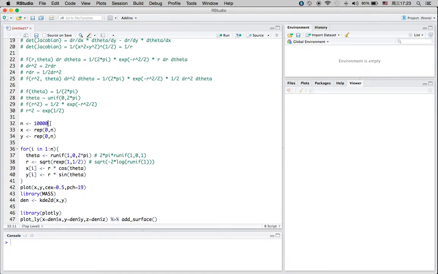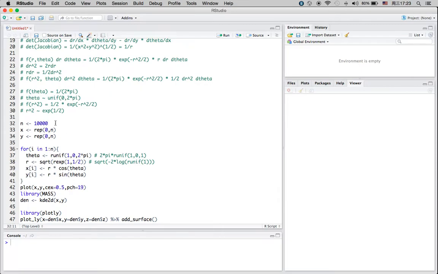So we do the algebra here to convert from theta and r back to x and y, and then the final output of this algorithm is your sample from the bivariate standard normal distribution.